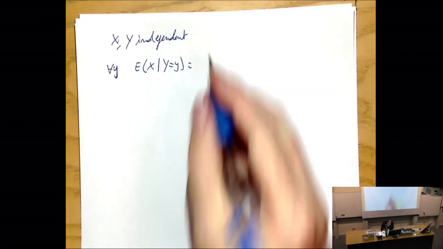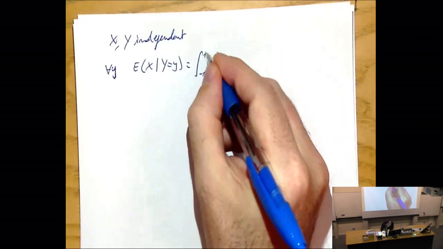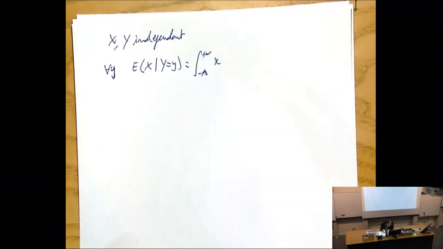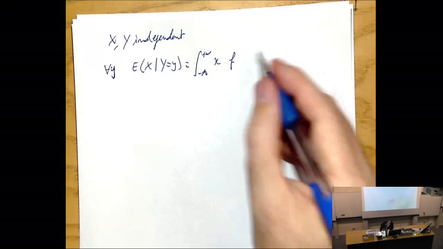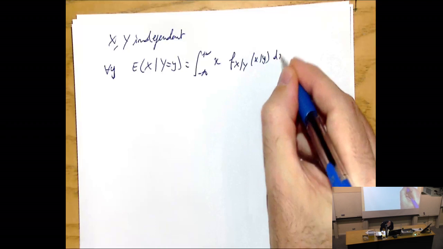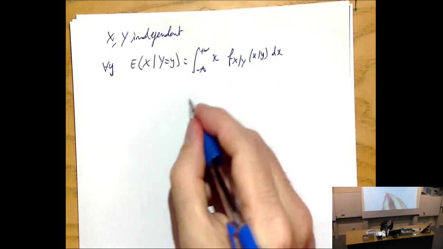So I'm taking the definition here: the integral between minus infinity and plus infinity, assuming it's continuous, of x multiplied by f of x given y, dx.